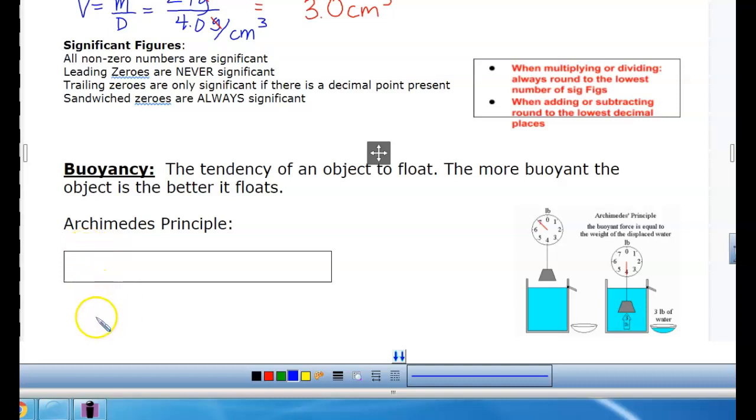All right, let's go on and talk about buoyancy. This is the tendency of an object to be able to float. And the more buoyant the object is, the better it floats. We have something called Archimedes' principle, and it's written really small over here, and we're going to write it bigger.